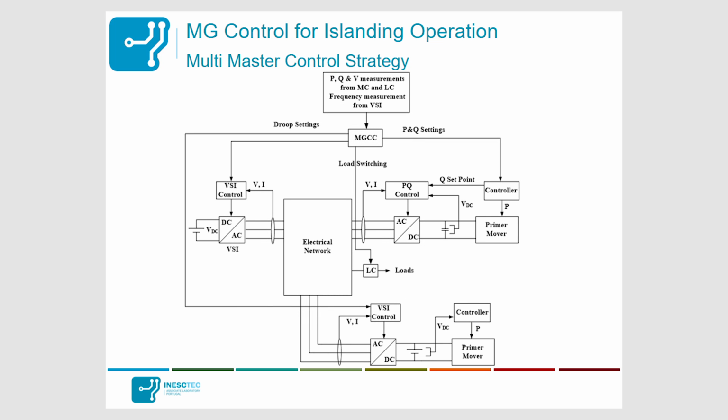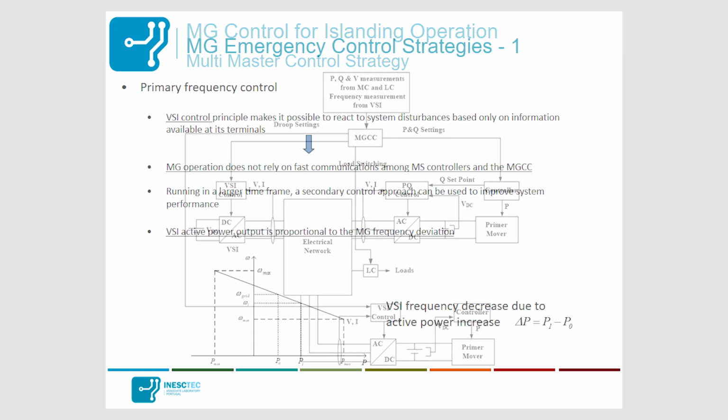But it is possible to have a kind of multi-master operation, which is the normal operation that exists in a network when there are several voltage source inverters connected to the grid. So in this case, we need to operate the network taking into account that there are all these inverters, each one with its droop, and so they will share the burden of keeping the frequency in the network.